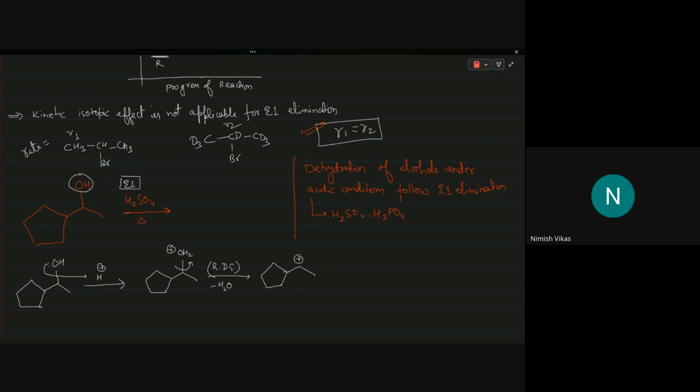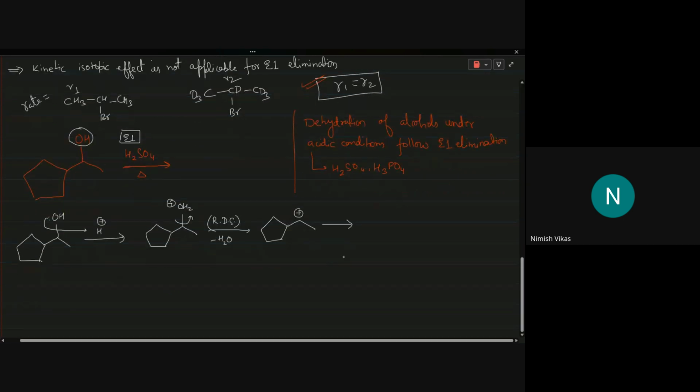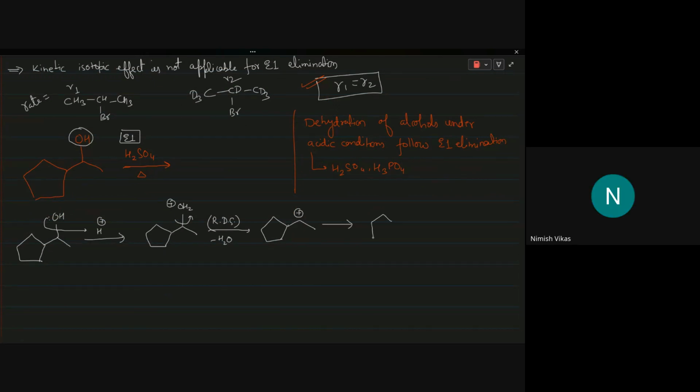Now you can see outside of the 5-member ring, a positive charge is there. So what will happen? Can anyone tell me? Ring expansion. Ring expansion, very good. So this was the structure over here. This bond is broken and this bond is formed. Or I should draw the structure in this particular way, like this.